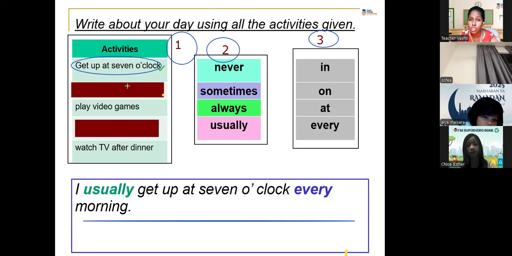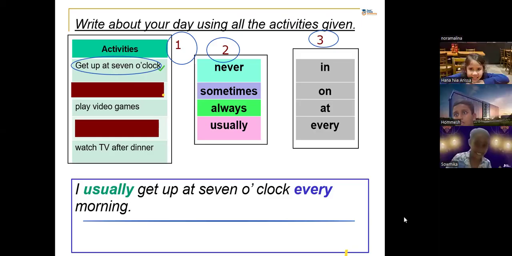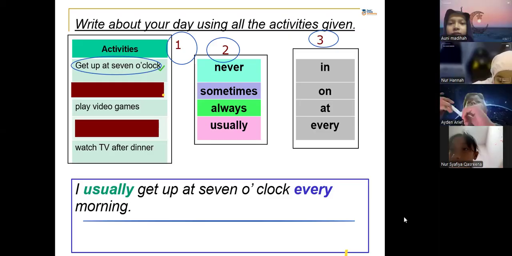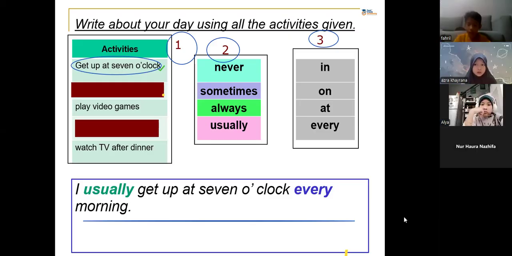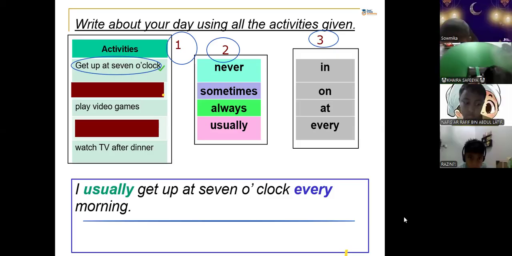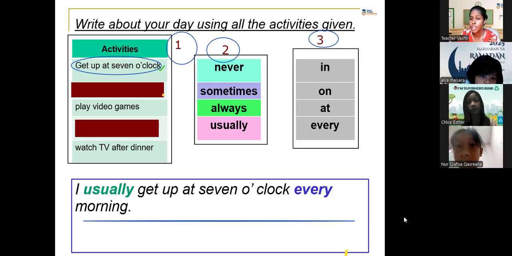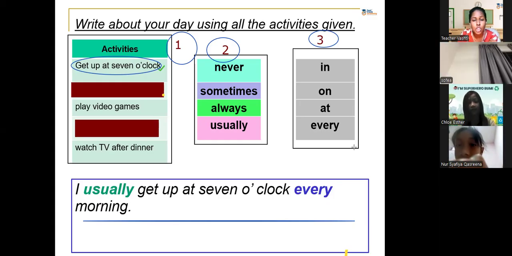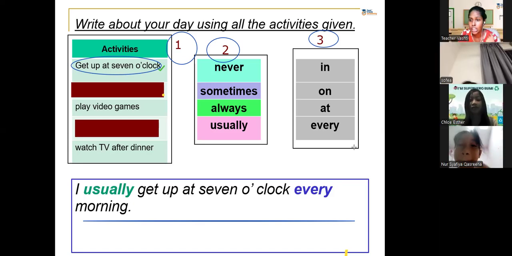Sophia, check your notes. At the afternoon, betul tak, Sophia? Ya. Okay. At the afternoon tu betul ke? Tengok balik nota. Check your notes. Bukan Syafia, Sophia.